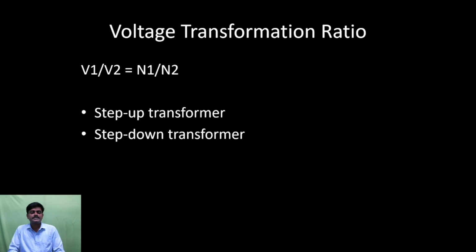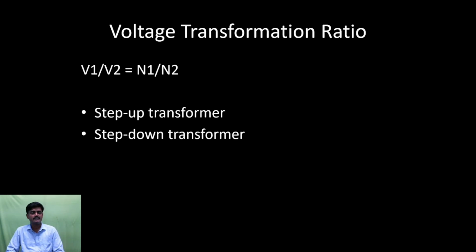Then the voltage transformation ratio, V2 by V1 or N2 by N1. In which way can I transform the voltage? Sometimes I have to reduce 230 volt into 115 volt, so 1 is to 2. The whole amount is reduced to half the value, and I can use 1 is to 2.